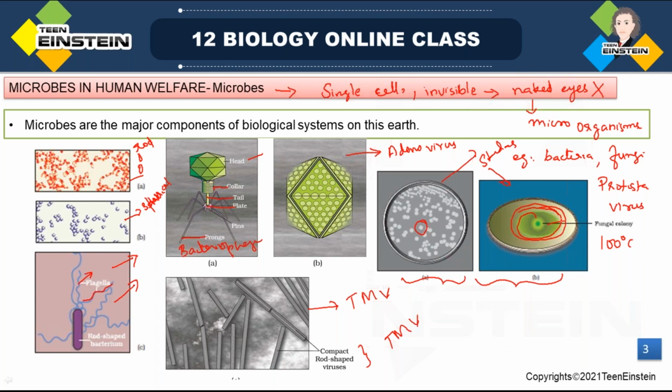In this chapter we have learned about different diseases caused by these microbes, right? They can cause diseases to plants and animals. But you cannot think that they are always harmful. Some microorganisms are helpful to human beings in different ways.